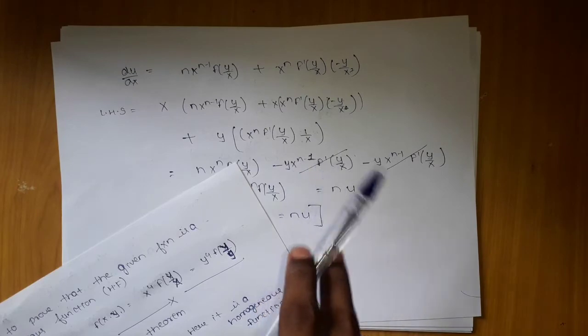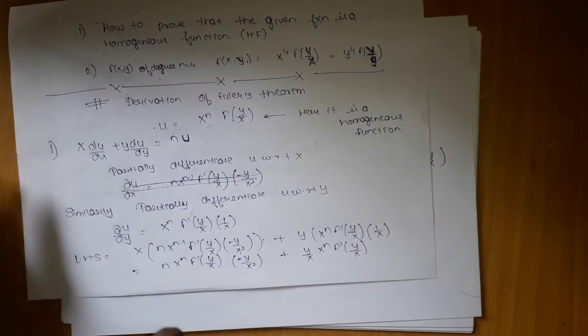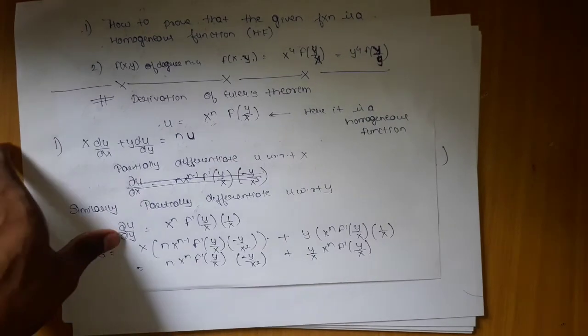Now we are going to derive the second formula of Euler's theorem, which is the modification of the first one.